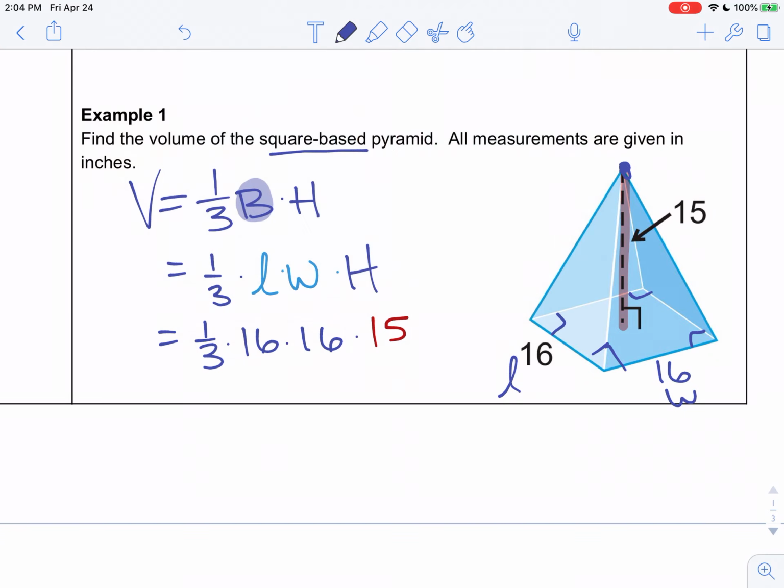So all that's left is to type that into our calculator, and we get 1,280, and we're dealing with cubic inches as the volume for our pyramid.